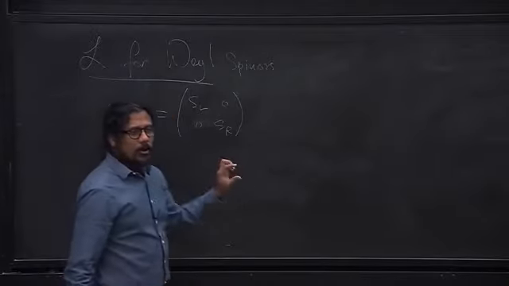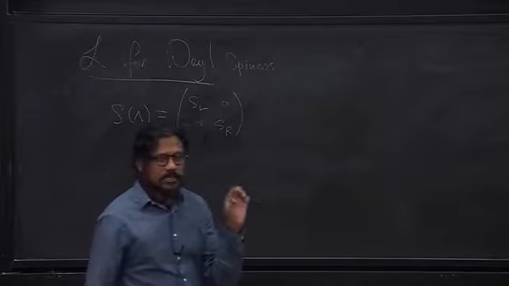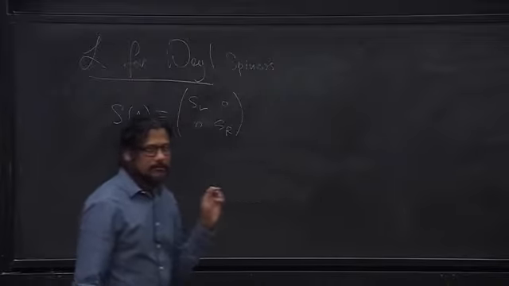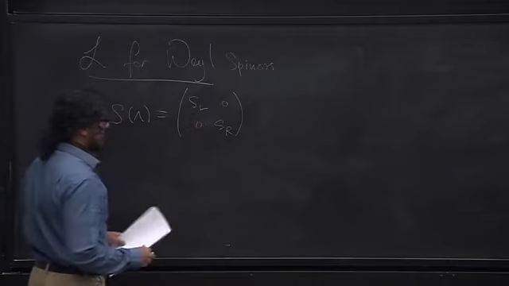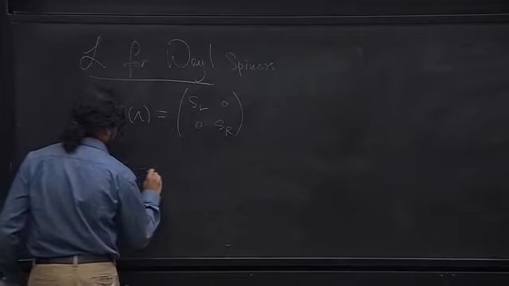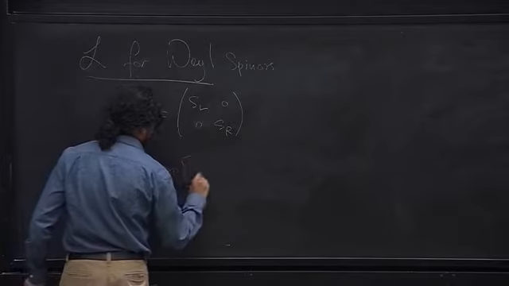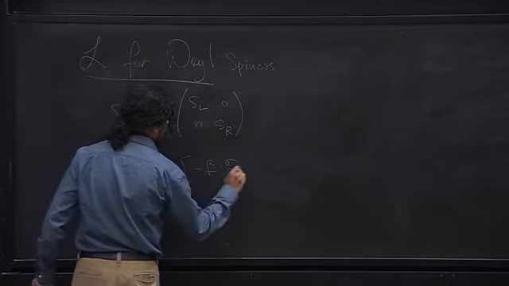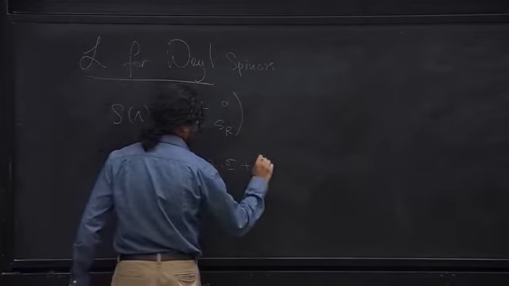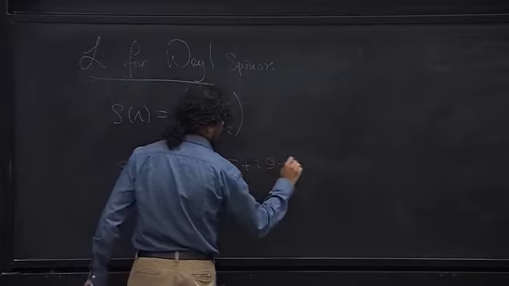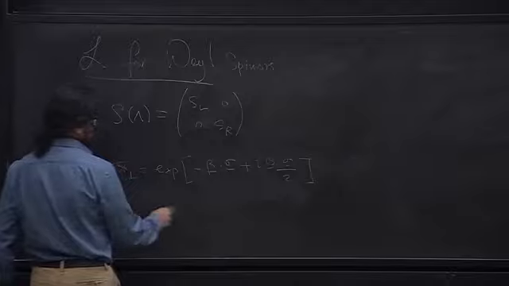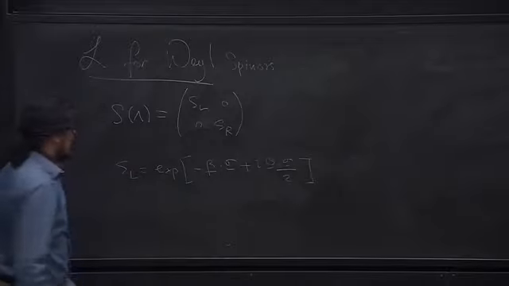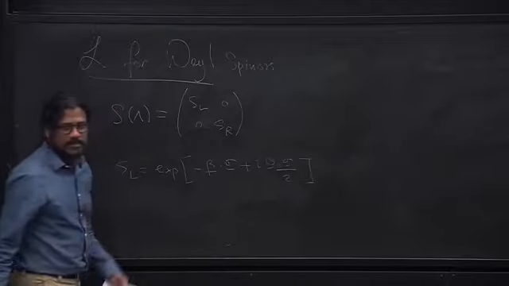These blocks are SL(2,C) matrix elements. You can show that, because we wrote down the explicit expressions for S_L and S_R. Remember, S_L is the exponential of (minus beta dot sigma plus i theta dot sigma) divided by 2, whereas S_R is just the same with a plus sign over here.